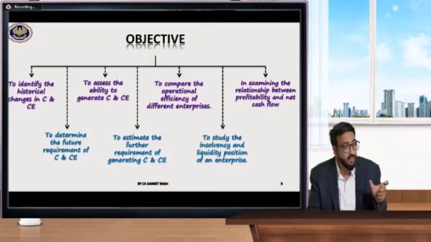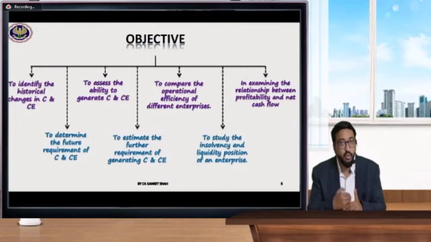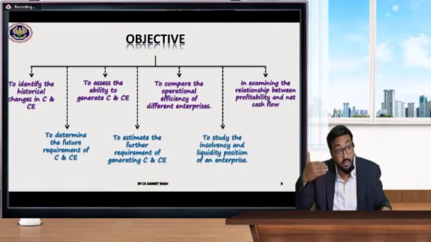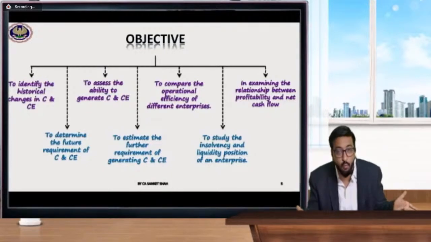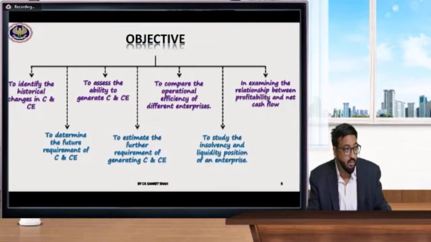Yes beta, whether we are earning profit in cash or not. Yes, profit is accrual and cash flow statement is cash basis. So what you have to do is, in simple language, now we are going to prepare a financial statement not using the accrual concept but using the cash concept. So now we are switching to the cash concept, and that's why it is a separate statement, because Accounting Standard 1 won't allow you to prepare financial statements on cash basis.